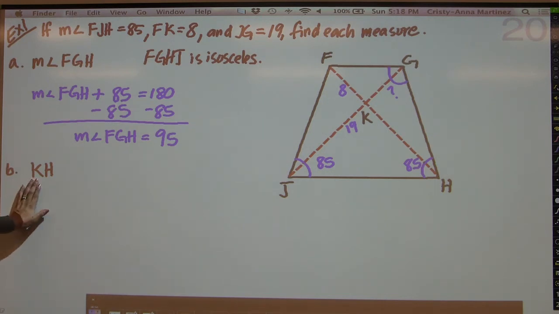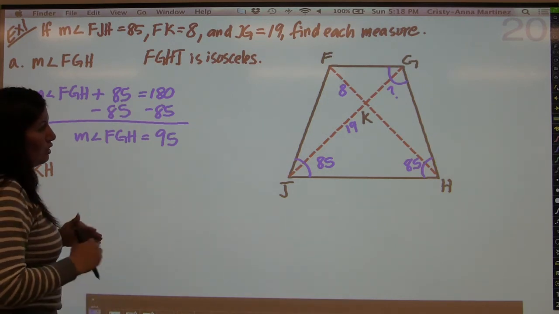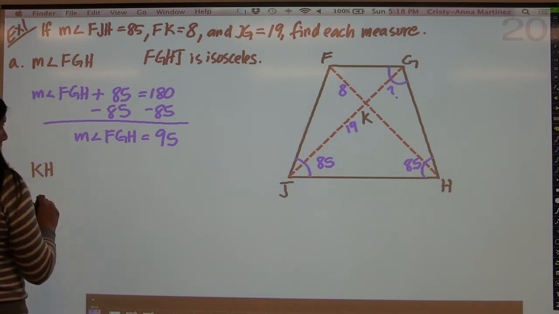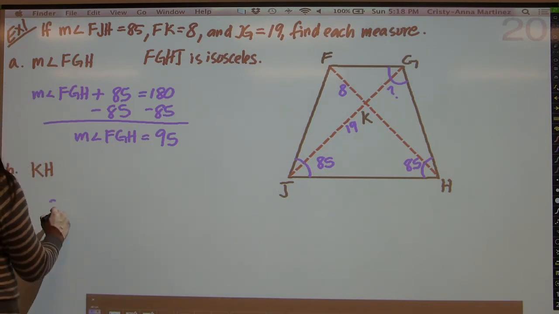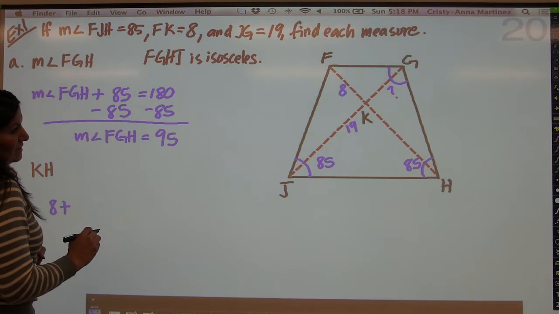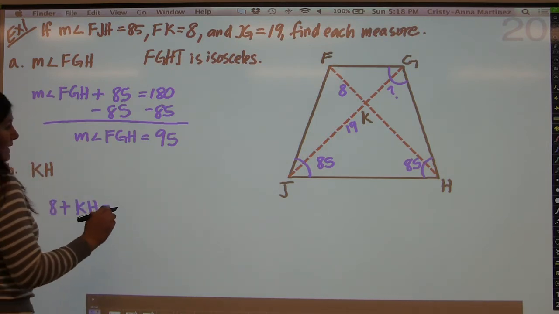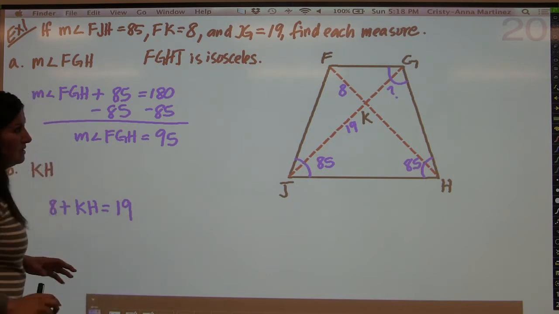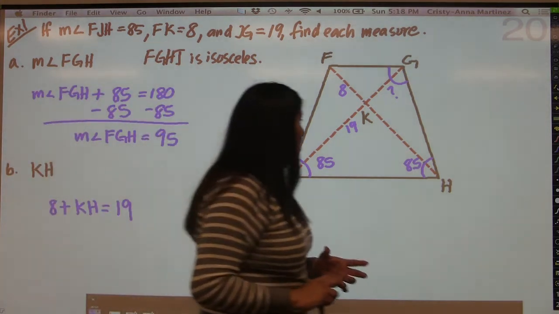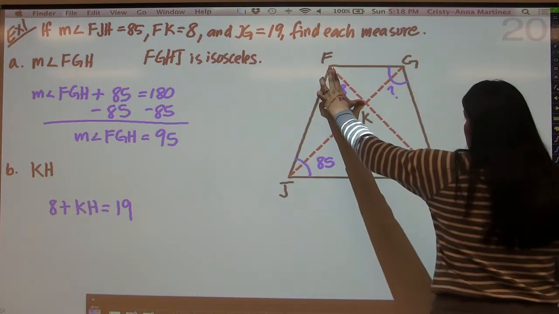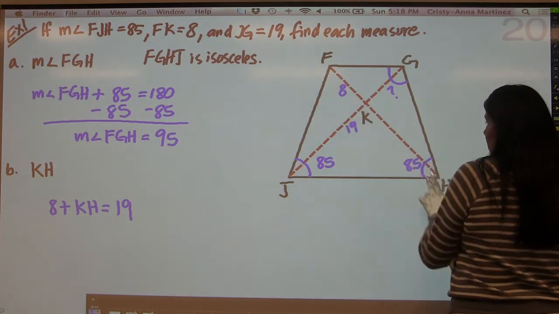And then for KH, we know that the diagonals should be congruent. So we know that FK, which is 8, plus KH should equal 19. Because the segment addition postulate tells us that I can add FK with KH to get the entire diagonal.